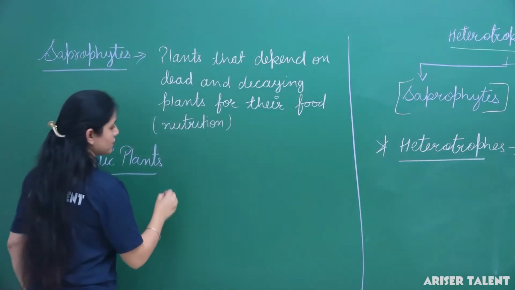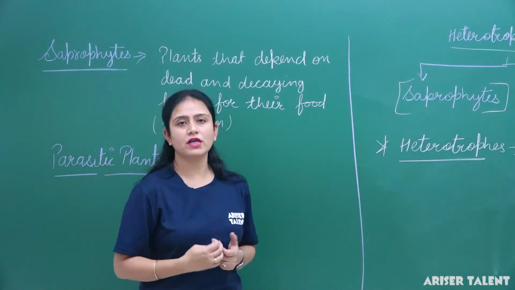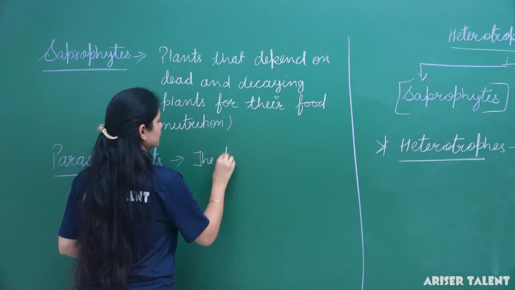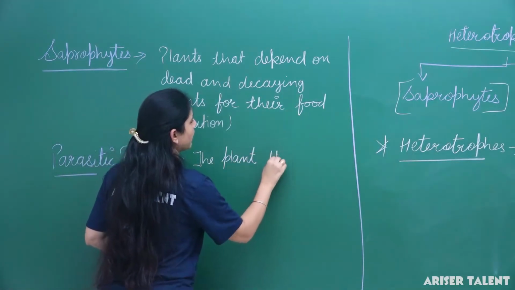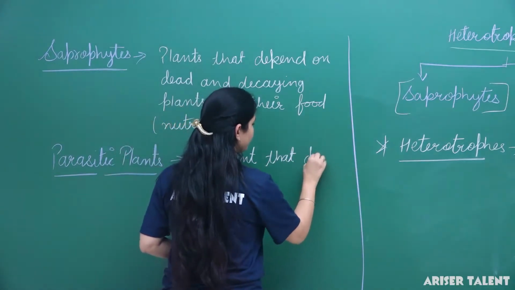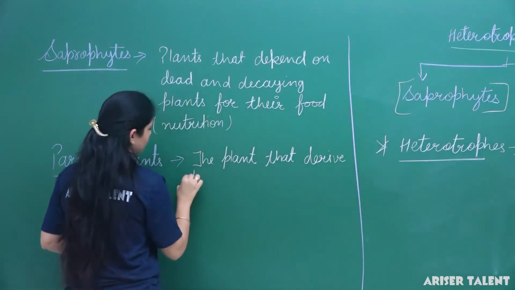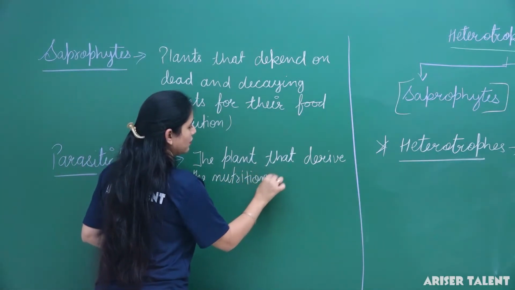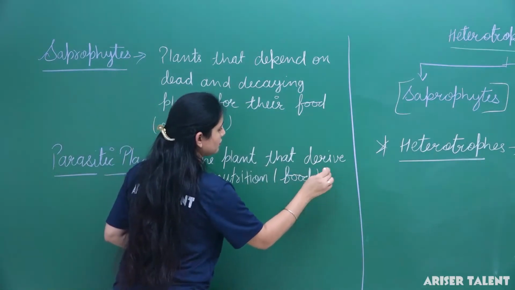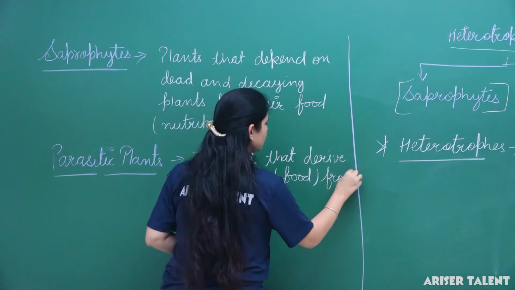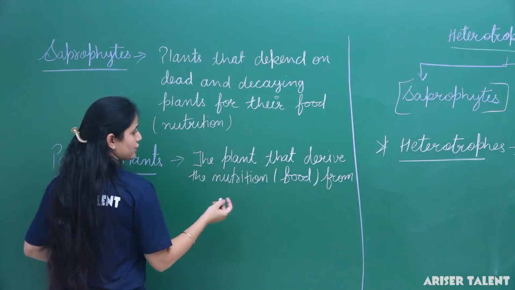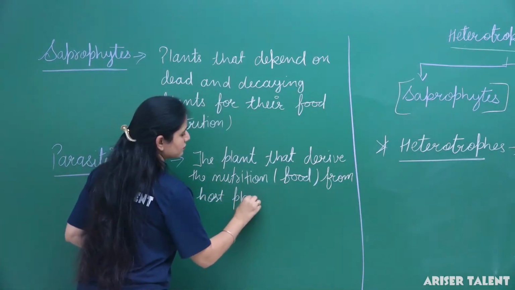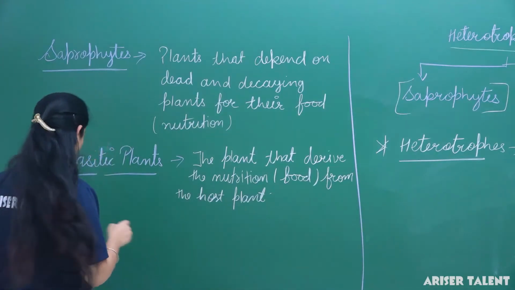The plants which derive their nutrients or nutrition, means food, from the host plant. For example, dodder.